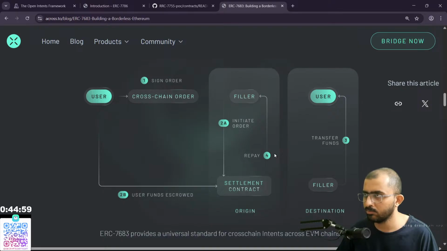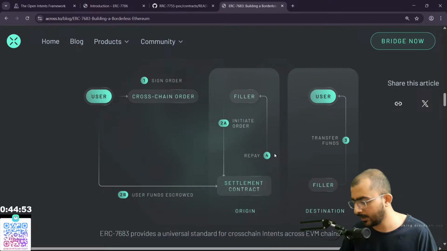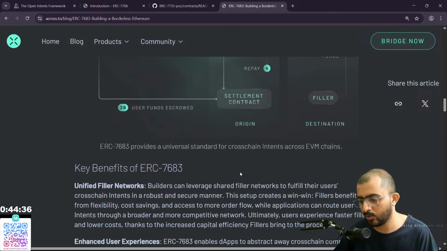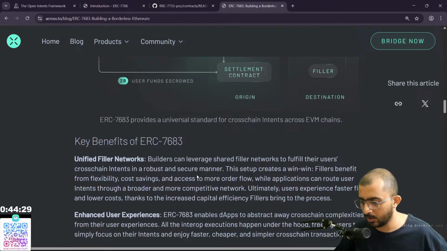Maybe that's what it is called, trust assumptions or something like that. We need to understand how this contract verifies that the filler has transferred the funds. Is it an oracle or ZK proofs? What is that under the hood?